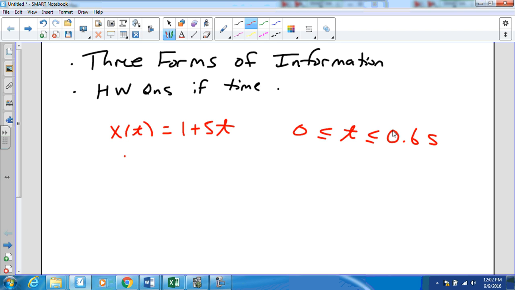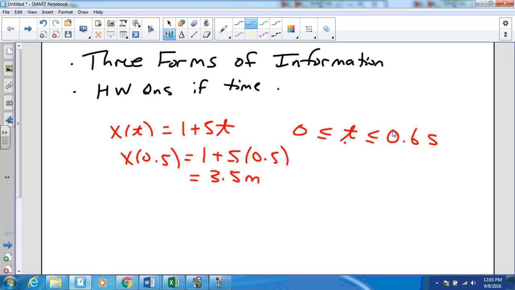What an equation does is it gives us position at any time that we want, as long as the time is in my domain. So pick a time in the domain. 0.5 works. I can find the position at 0.5 seconds simply by plugging in, and that gives me 3.5 meters.